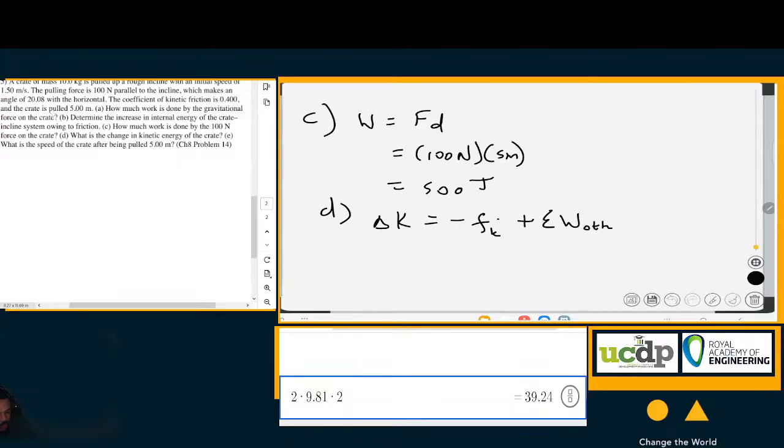So we're just adding all the works. Those other forces are the work done by gravity plus the work done by the applied force. We have worked this out, and we have worked out the work done by the normal force.